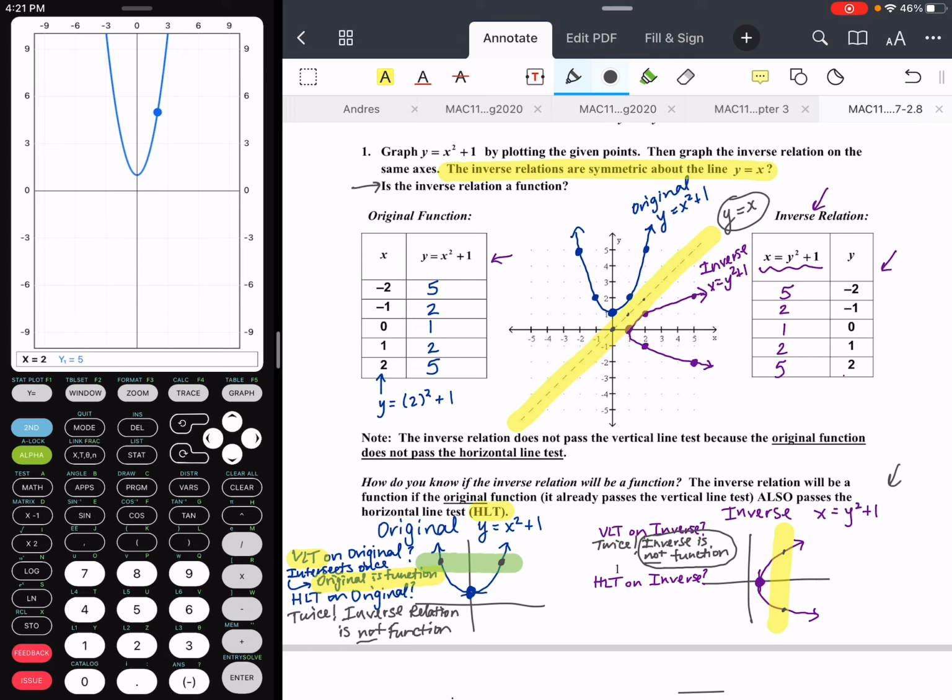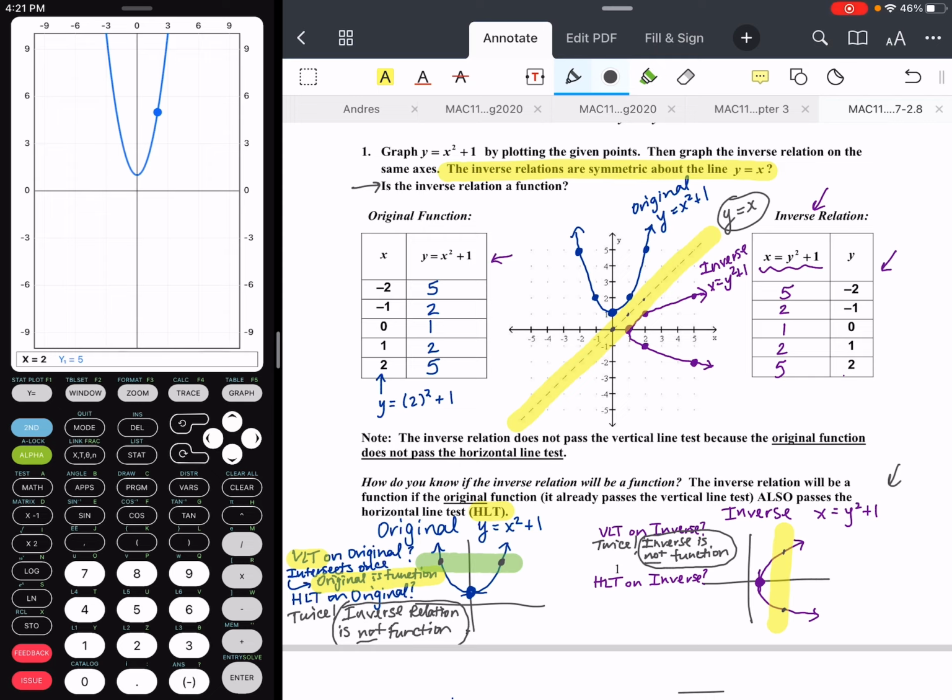It's a horizontal line, and if it hits the original graph twice or more, then you know that the inverse relation will not be a function. We could also graph the inverse, apply the vertical line test. That's double confirmation that the inverse is not a function, but we could have known that before we even graphed the inverse by looking at the original. So there's the vertical line test and then the horizontal line test. The horizontal line test you apply to the original to decide whether the inverse will be a function or not.